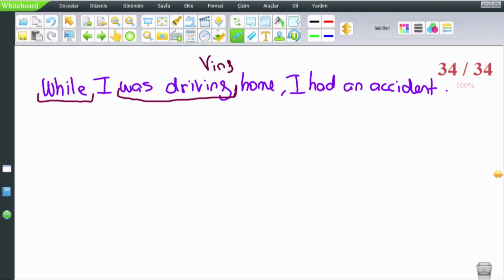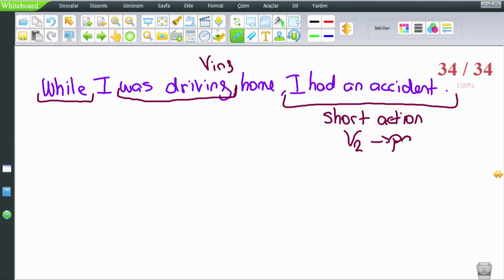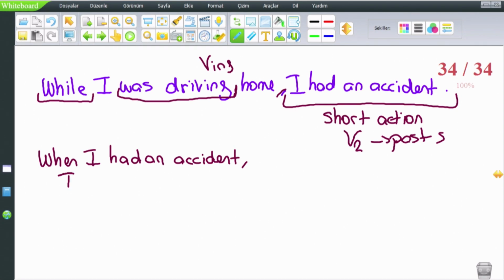When you look at the second one, you can see that this is the short action and we use verb to, which is past simple here. Comma, again, very important. Now I will also write this sentence. I will give the same meaning, but I will use when this time. When I had an accident, I was driving home.